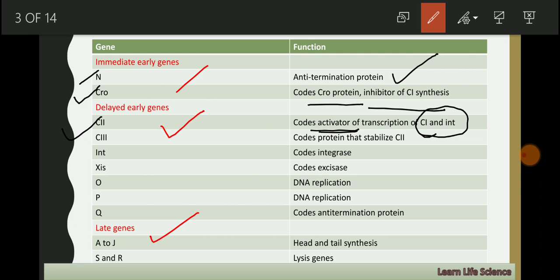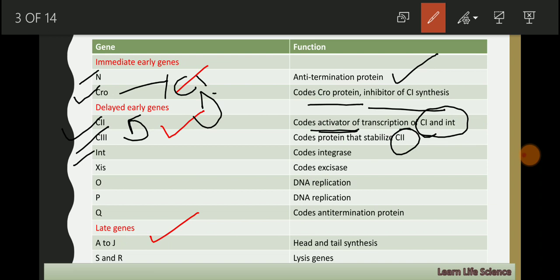Okay, second is C3. C3 is going to encode for a protein that is involved in stabilization of C2 gene. Okay, that is, it is going to stabilize C2. C2 is going to act as an activator for C1. Okay, and CRO is going to inhibit synthesis of C1, that I have discussed till now.